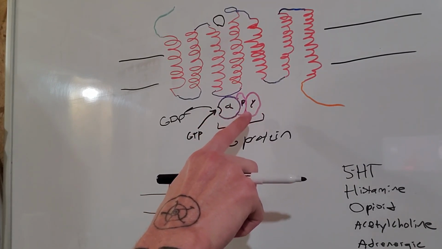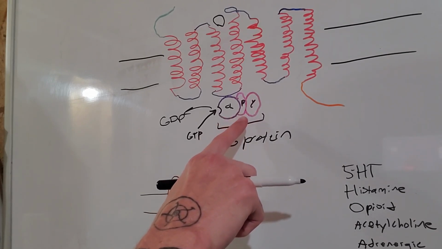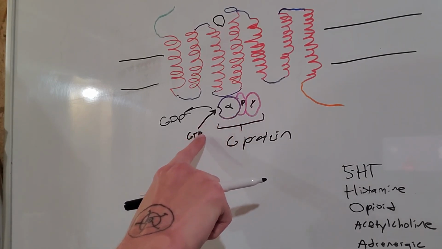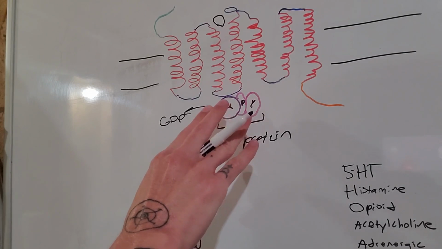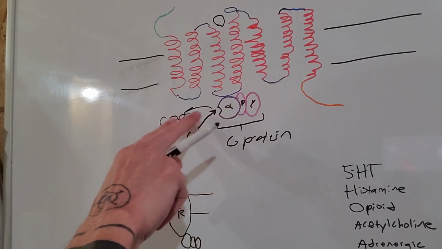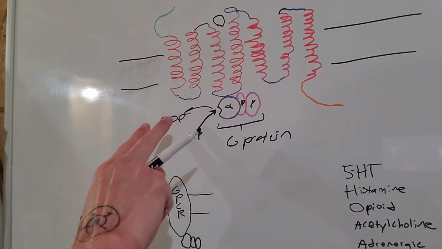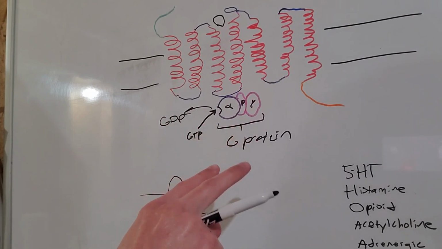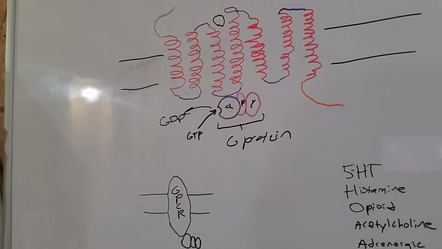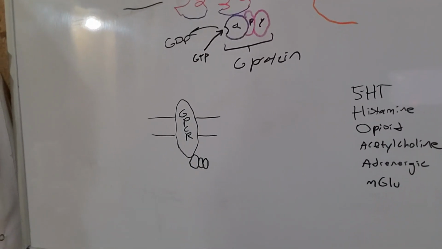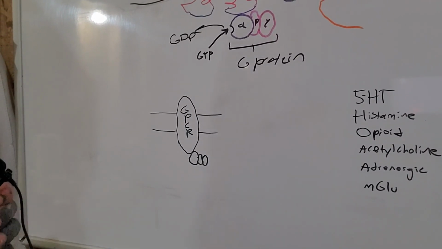The beta and the gamma subunits, they stay bound together, but the alpha subunit, when it's conjugated with the GTP, disassociates from them and moves elsewhere on the cellular membrane. Now, these are all membrane-associated proteins, so they stick to the membrane. So I'm gonna go down to this simplified illustration here, just for ease of explanation.